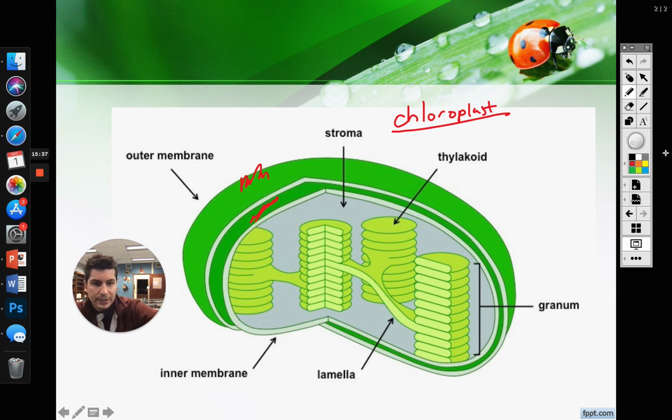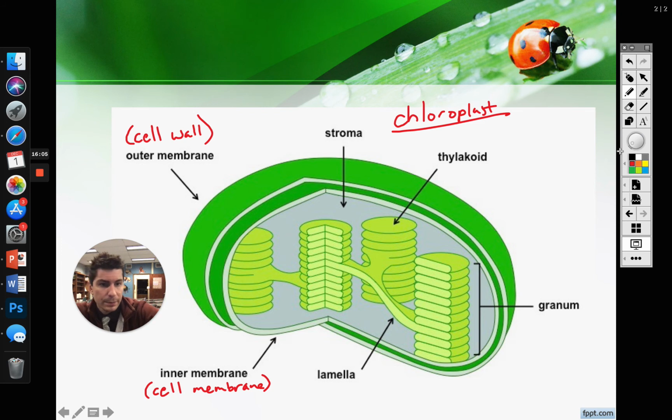If we wanted to transform these and call them something different, which I do not know why we call them something different with the chloroplast, the outer membrane would be the same as our, what was the outer covering in prokaryotic cells? It's a cell wall. And our inner membrane, that would be our cell membrane. Okay?